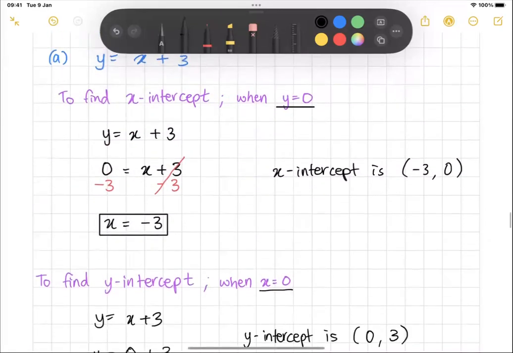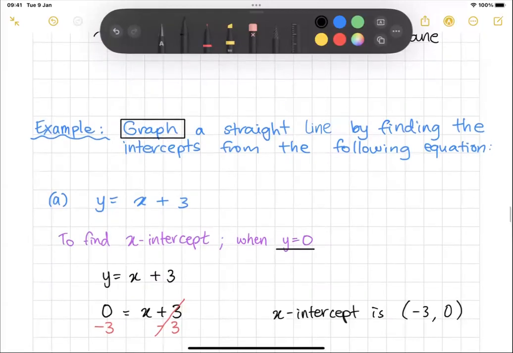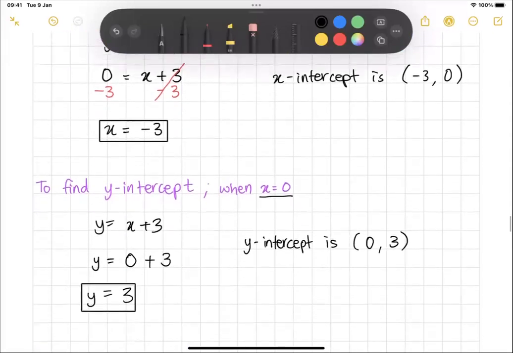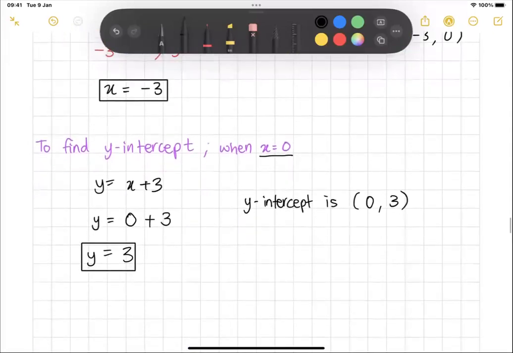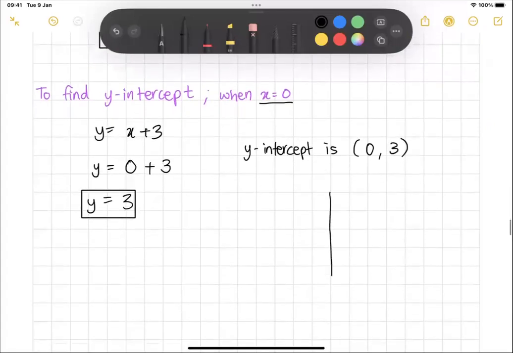Now my question says it needs to be graphed, right? So I need to now graph it on a Cartesian plane. I know what my x and y intercepts are. I'm now going to plot them on the Cartesian plane. So I'm going to draw a Cartesian plane. Make sure to use a ruler. Make sure your increments are correct.